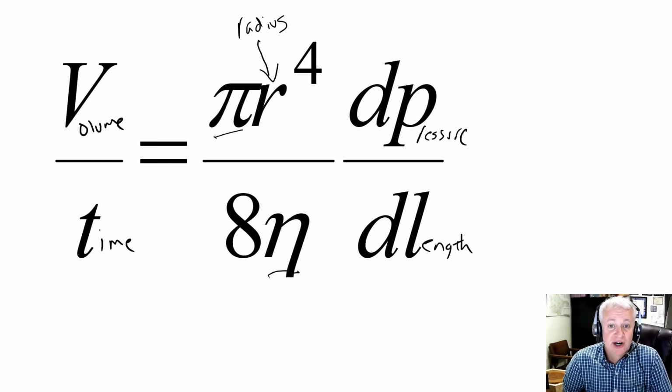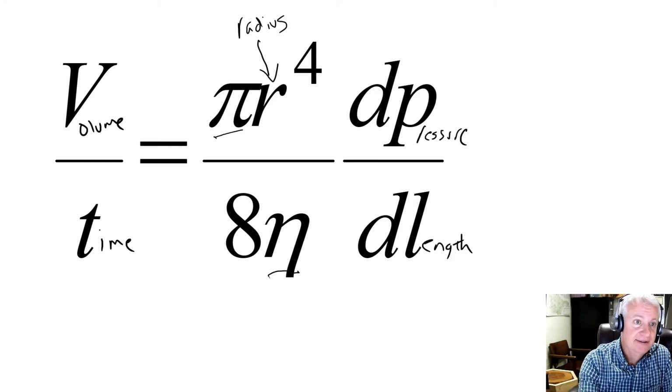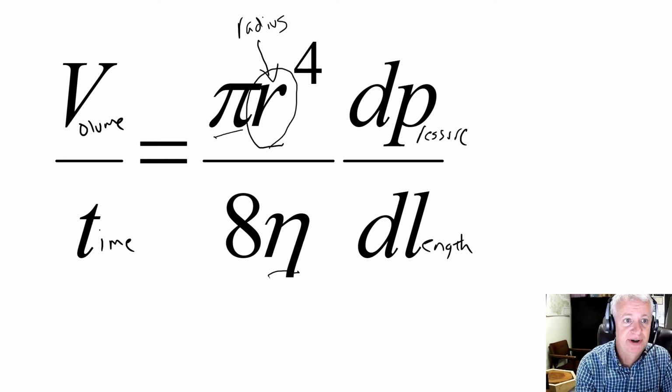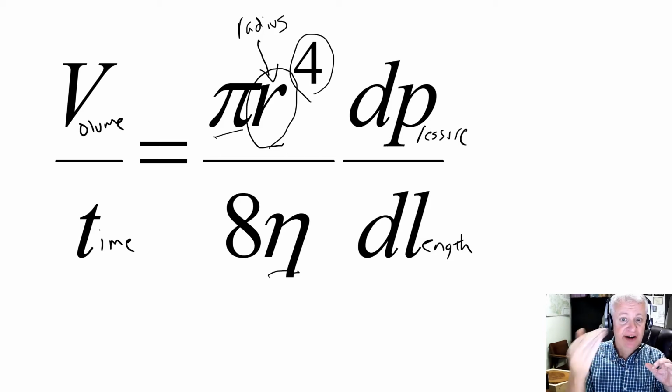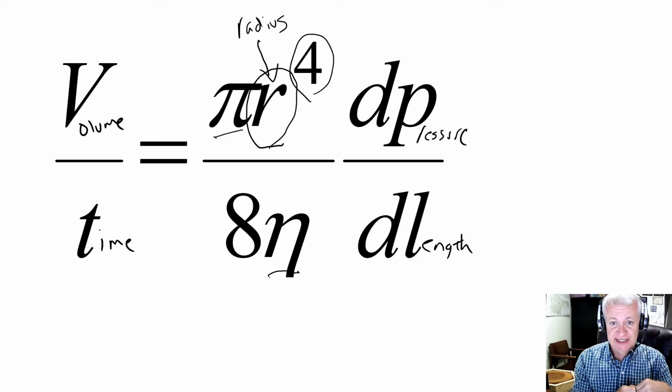What that shows us is that the radius of the pipe is hugely important because it's raised to the fourth power. If you have a pipe with a given pressure difference across it, and you increase the radius of the pipe a little bit, that very greatly increases your ability to transport volume of water per unit time.